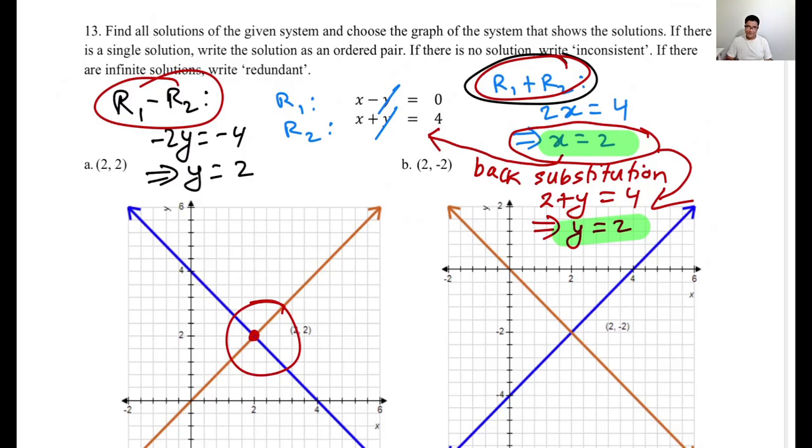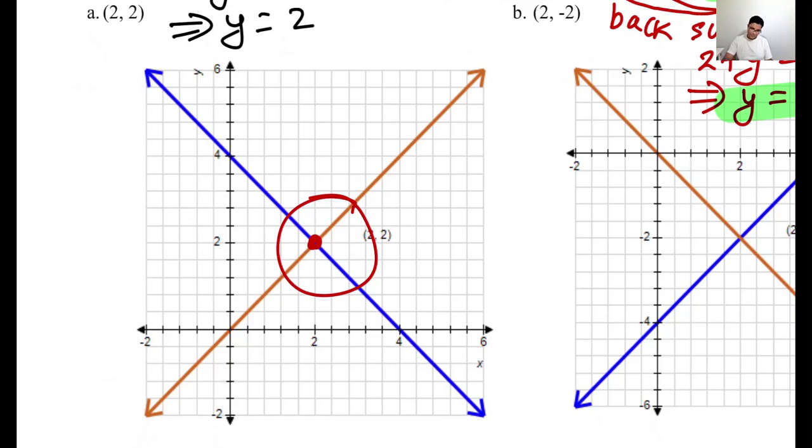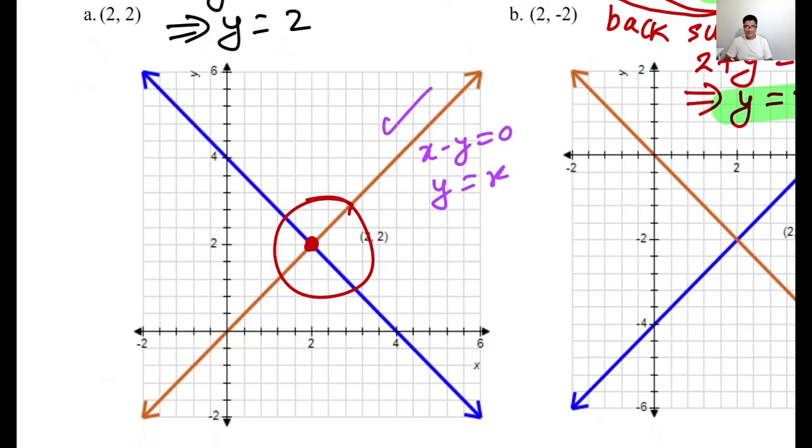The first one is x minus y equals 0, which means y equals x, and that is this line. That is correct. The other equation was x plus y equals 4, and it has the points 0, 4 and 4, 0. And that's also correct. So that's good.